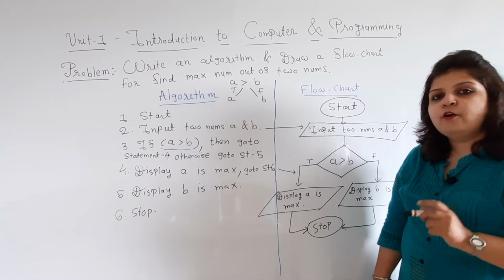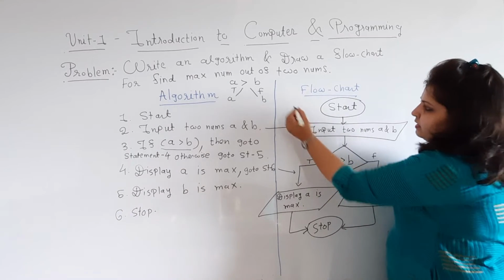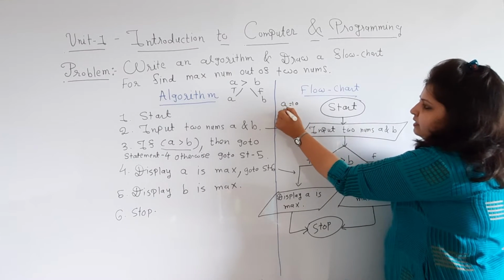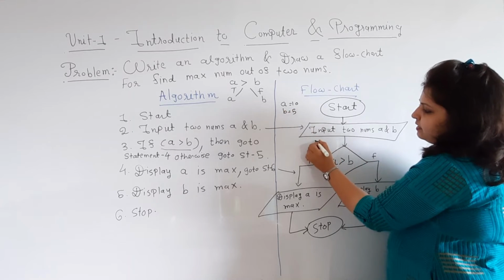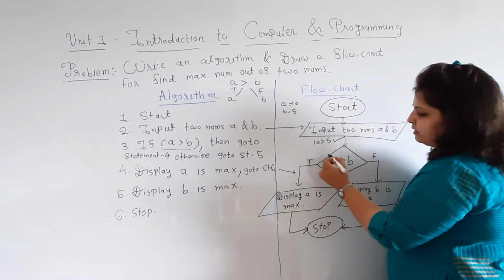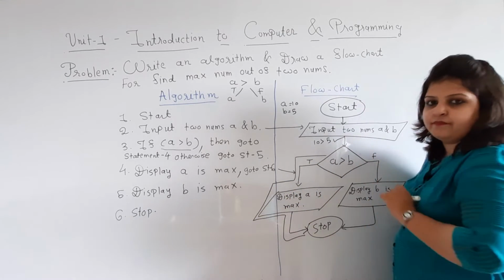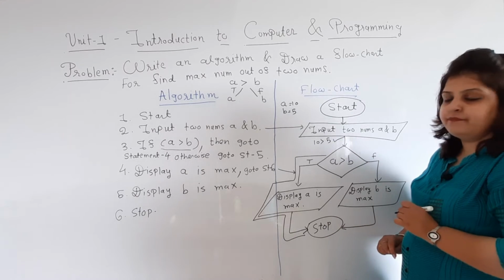At a time only one path will be executed. If we take A equal to 10 and B equal to 5, then 10 greater than 5, our condition is true, then this path will be executed, and stop.